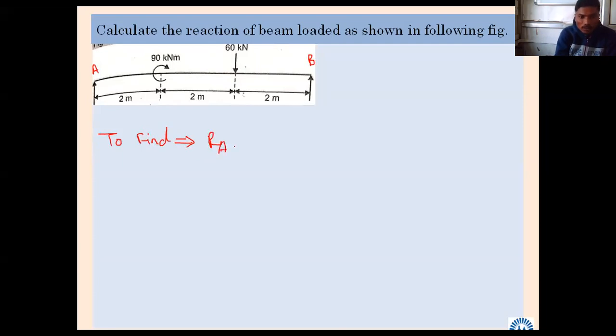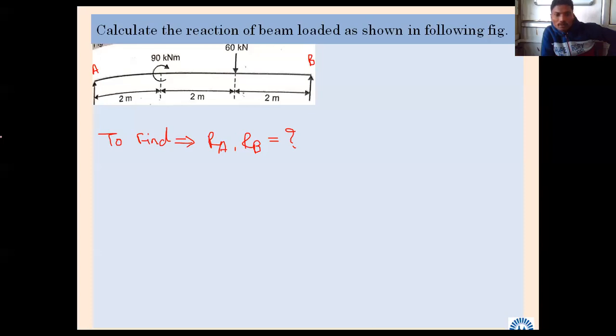Find RA and RB. And I have noted down the names of those who do not respond, remember that. At the end, you should not be behind me asking why, sir, you have given only this much mark. Those names are noted down already, those who are not giving responses. Simple problem.